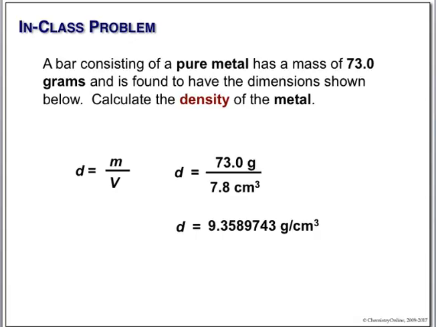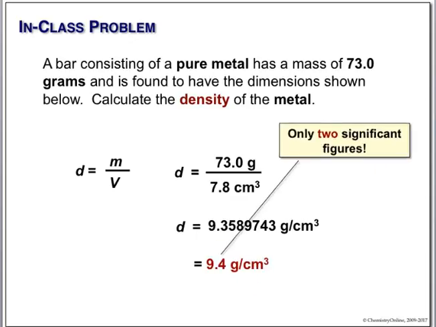We can only do 2, the fewest number of significant figures. So we have to round this to 2. There's a 5, but it's not exactly 5, is it? It goes up, so all of this is more than 0.5. Therefore, this rounds to 9.4.